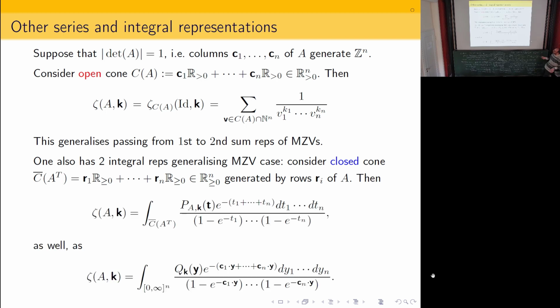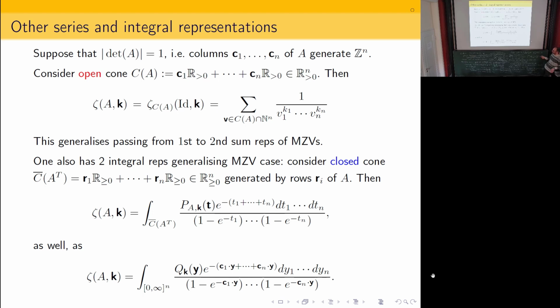And then you can prove that you have this integral representation of your conical sum. Of course, here I'm not telling you what is P_{A,K}, so I'm not really telling you what the integral representation is, but it's some simple polynomial which depends on A and K. And as in the multiple zeta value case, you have a part of this integrand, the important part, which is canonical, and the complicated part is in the integration, which depends on the cone, and in this polynomial here.